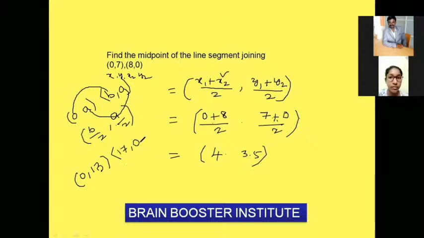Just see: (0, 13) and (17, 0). What is its midpoint? Without using pen and paper, you need to say the answer.